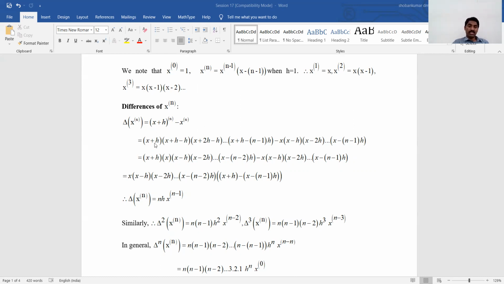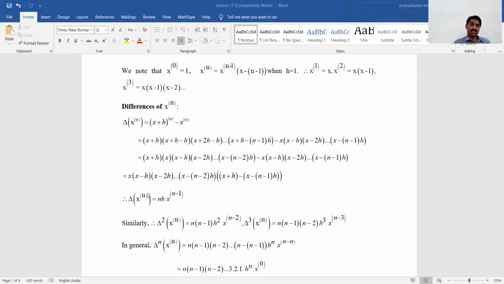Therefore, it becomes x plus h into x plus h minus h into x plus 2h minus h and so on, up to x minus (n minus 1) into h. After simplification, it becomes x into x minus h into x minus 2h and so on, up to x minus (n minus 2) into h, into x plus h minus x minus (n minus 1) into h.